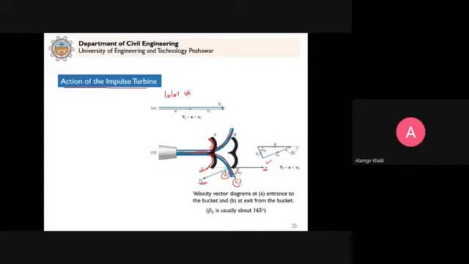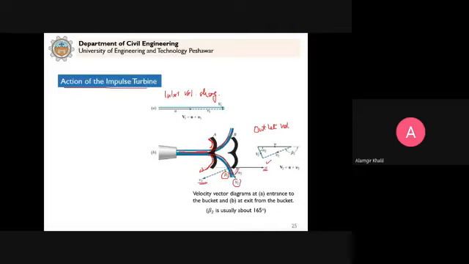This you have to draw to calculate the forces, because we have to calculate the change of velocity. So you have to draw the inlet and outlet velocity diagrams. This is the inlet velocity diagram, and this is the exit or outlet velocity diagram.